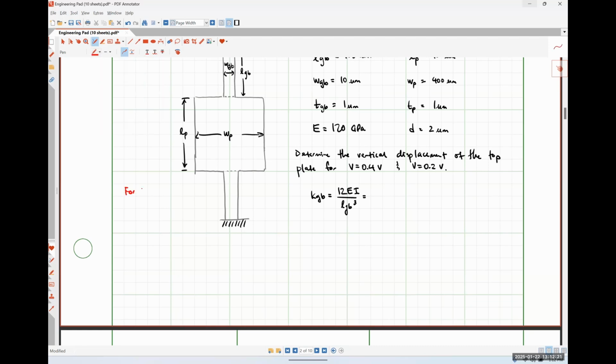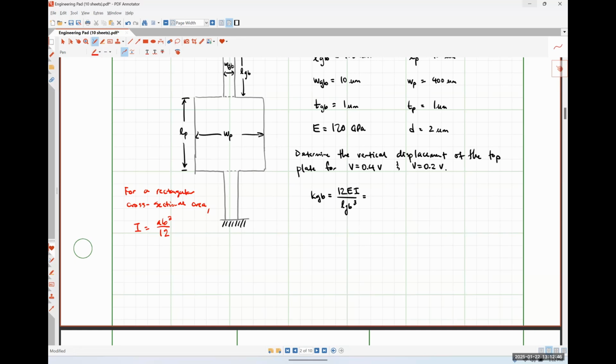So for a rectangular cross-sectional area, I is equal to AB cubed over 12. I heard some of you discussing how to use this equation earlier today, so I'm just going to talk our way through it really quickly.